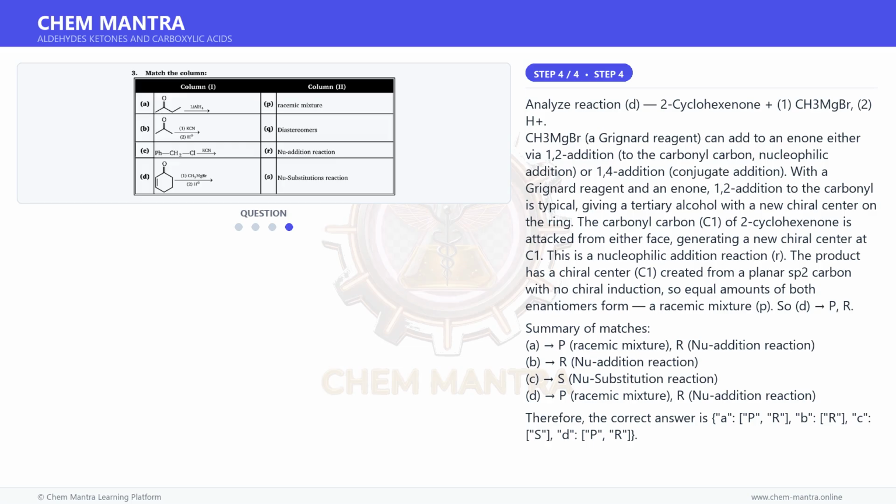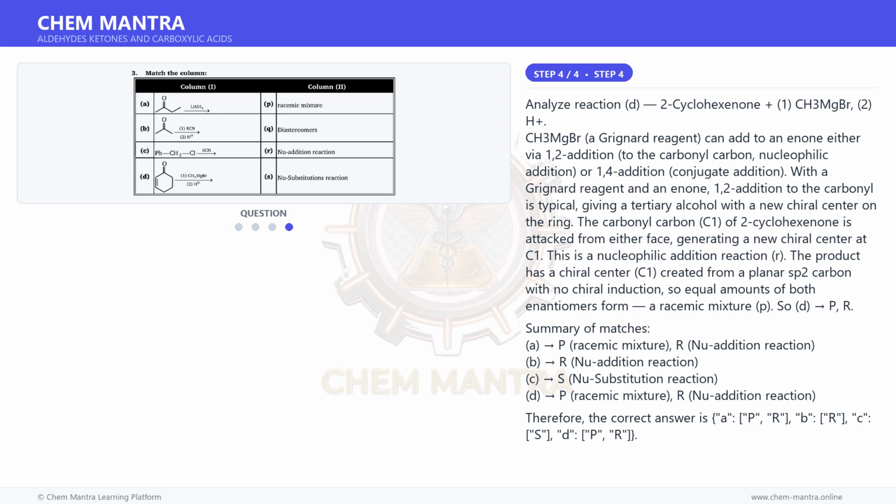Analyze reaction D: 2-cyclohexenone plus 1. CH3MgBr, 2. H+. CH3MgBr, a Grignard reagent, can add to an enone either via 1,2 addition to the carbonyl carbon, nucleophilic addition, or 1,4 addition, conjugate addition.